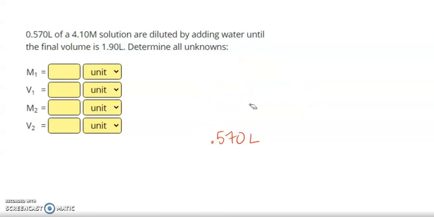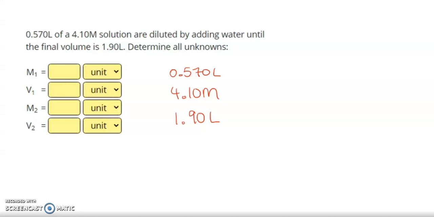So let's solve this problem and find our numbers here. So I say that I have 0.570 liters. I have 4.10 molar. And I have 1.90 liters. Now you have to read carefully to see what conditions are at the beginning and what are at the end.